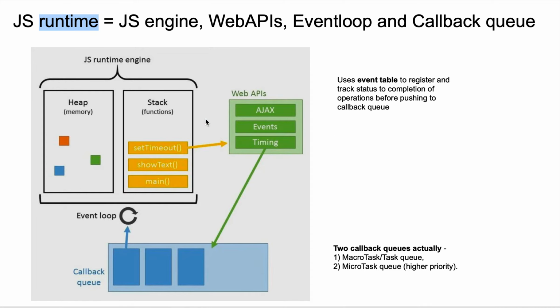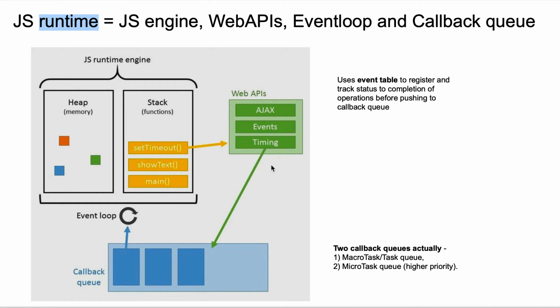Any tasks that go out of your stack asynchronously, like calling set timeout, are handled by these web APIs: network calls, timing, maybe requests for some change in the UI, asynchronous events that trigger the rendering engine, or some other web APIs installed on your system, which are basically some C++ implementations. These are handled in parallel by other threads.